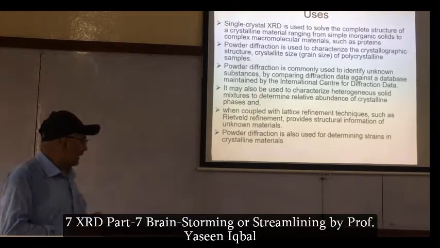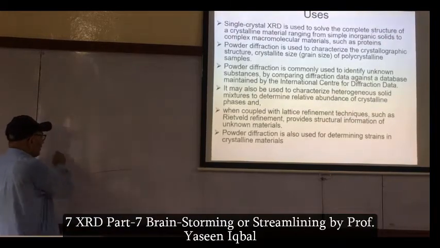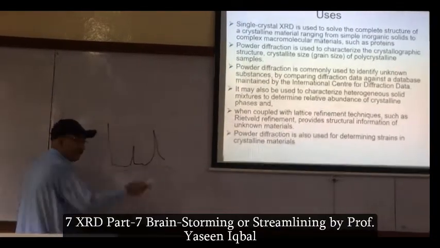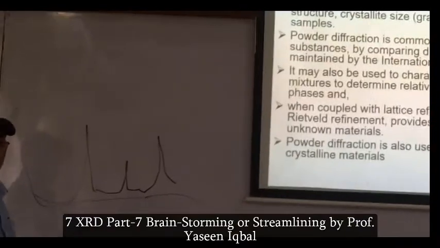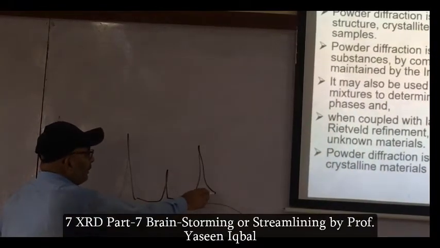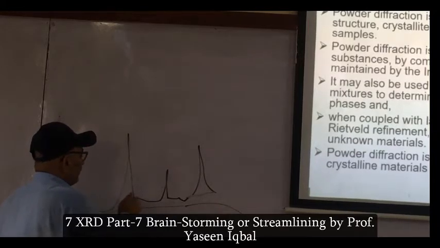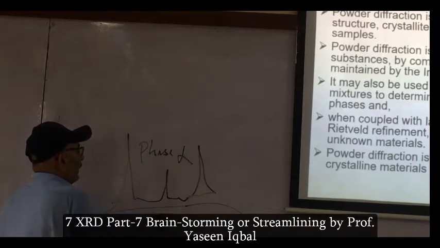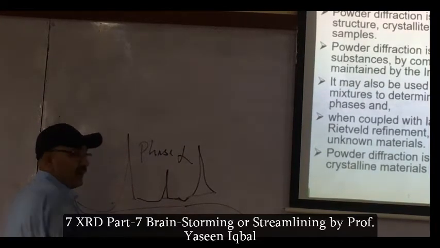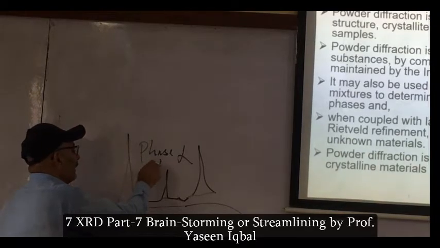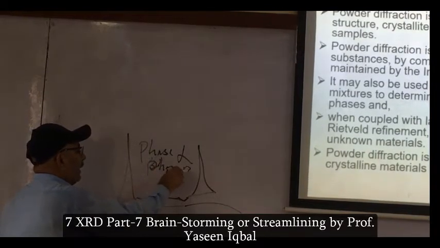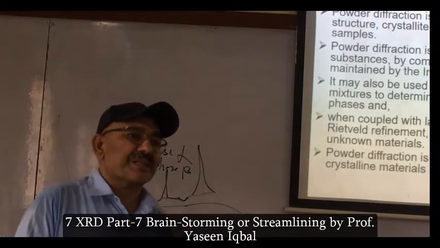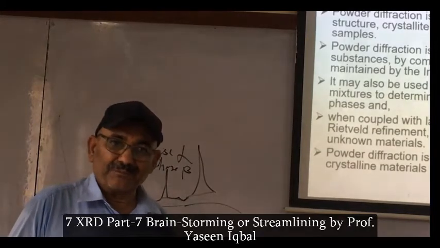I have told you that if you have a diffraction pattern like this, and some peaks are coming from one material and the other from another material, then you measure the area under the peaks of phase, say alpha, and then the area under the peaks of phase beta, and you know the volume fractions of different phases within the same sample.